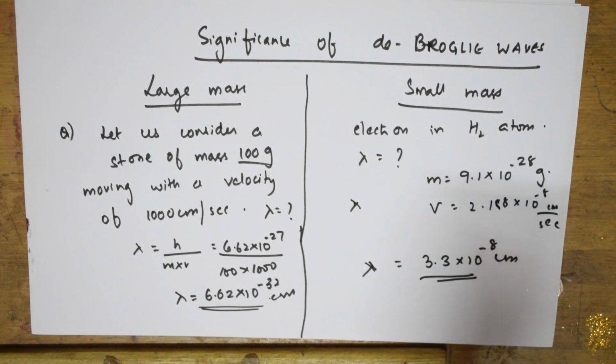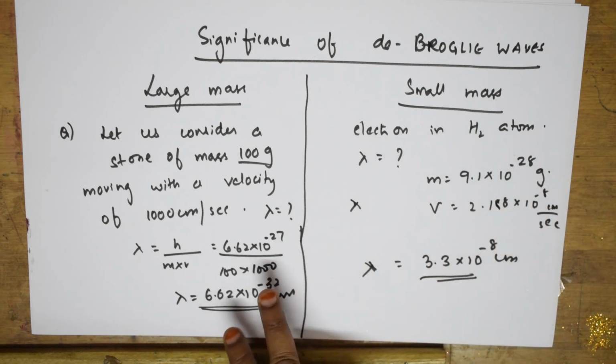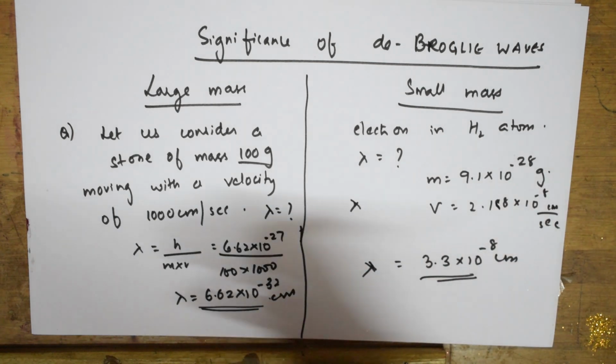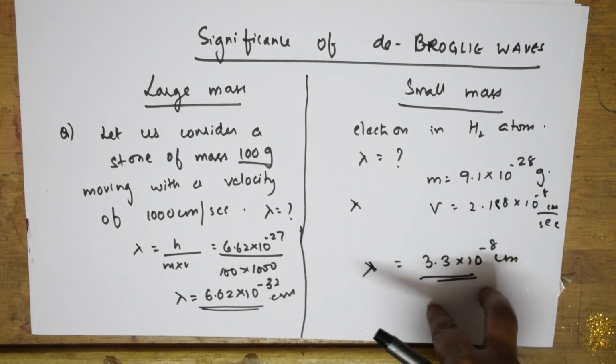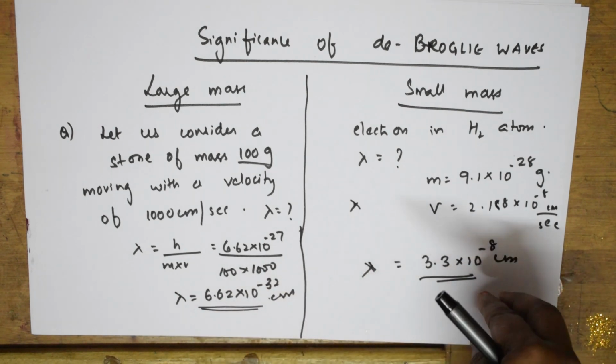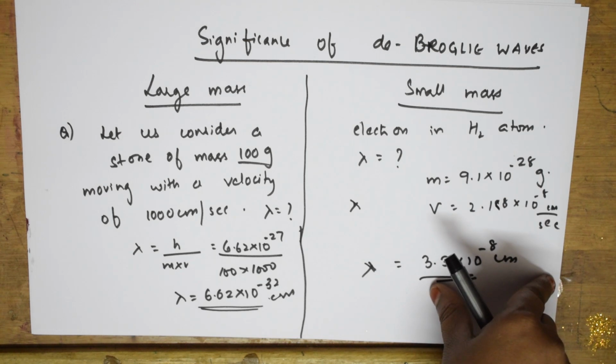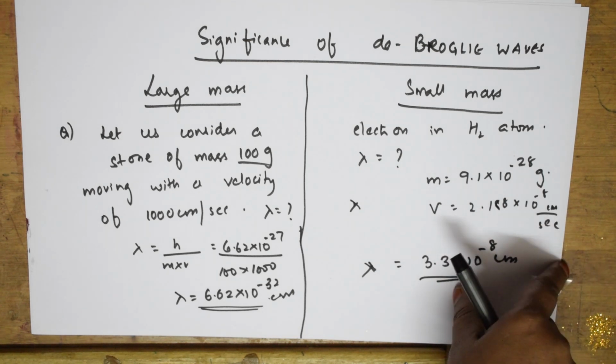Yes, so that's why he said always consider matter in this form: the property of a large object is like the property of a wave. This is for the wave, and this is for the electron, which is very small and cannot be detected.